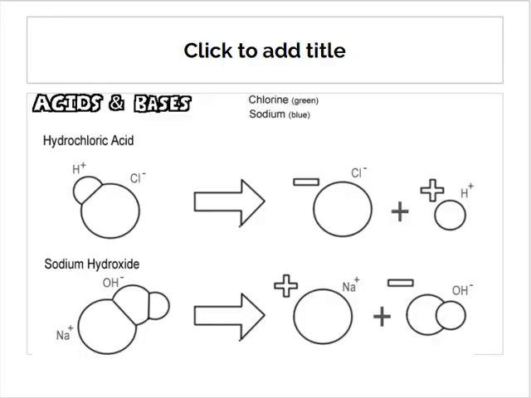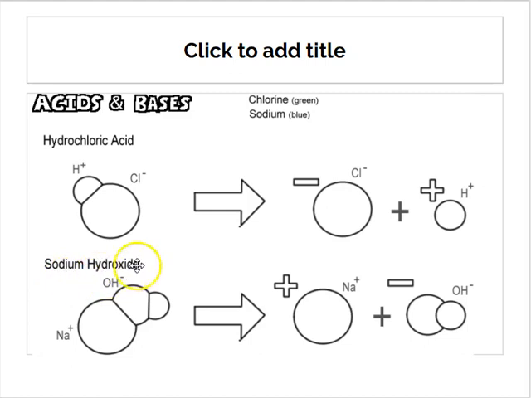So if we think about some solutions, like hydrochloric acid, it's made up of a hydrogen ion and a chlorine ion bonded together. So when these things enter into a solution, the hydrogen and the chlorine ions will fully dissociate. They will separate, creating a surplus of hydrogen ions, which creates an acidic solution.